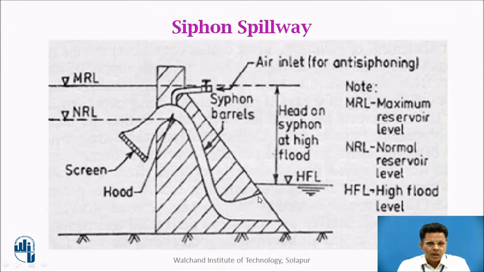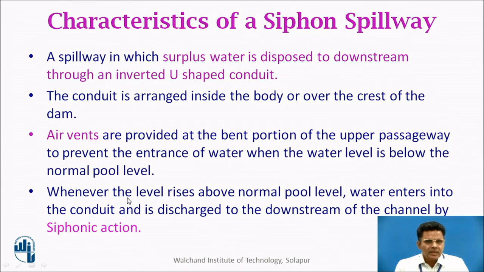And see, this end of the conduit is also underwater. That's why the difference in head here and here is a driving head which gives you more discharge as compared to any other spillway which discharges with just upstream water head. Whenever the level rises above the normal pool level, water enters into the conduit and is discharged to the downstream of the channel by siphonic action.